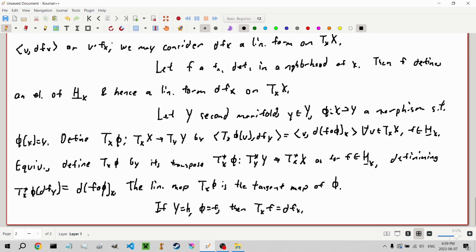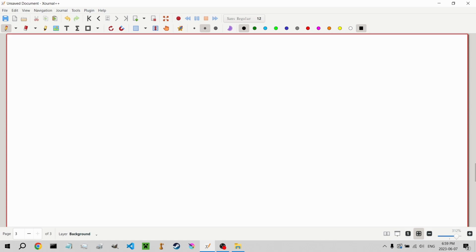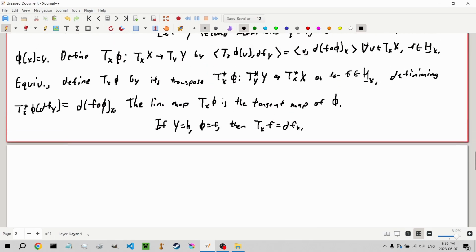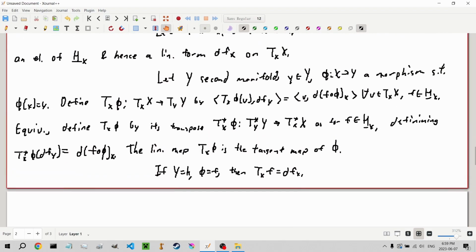Now, as one last thing to look at for this section, we're going to look at tangent spaces of products.